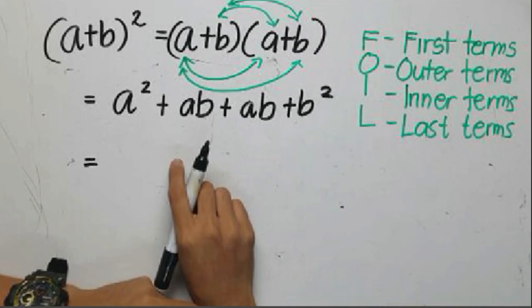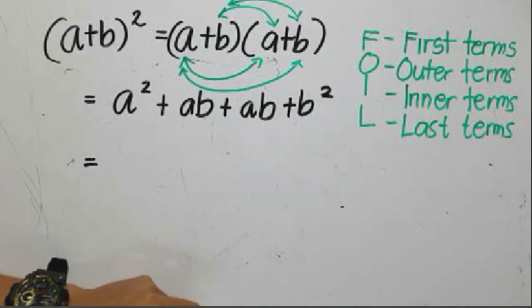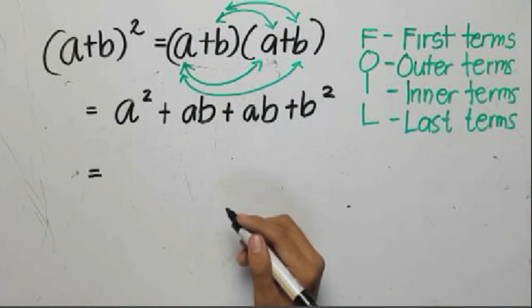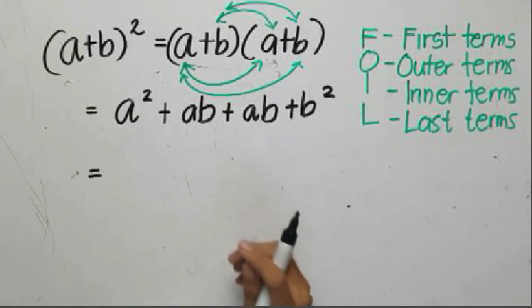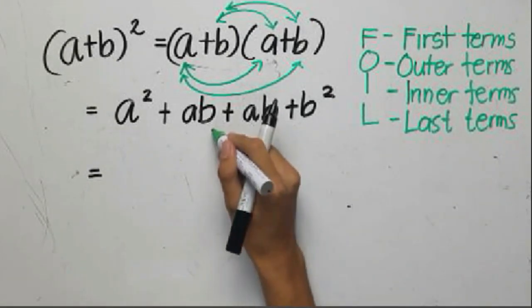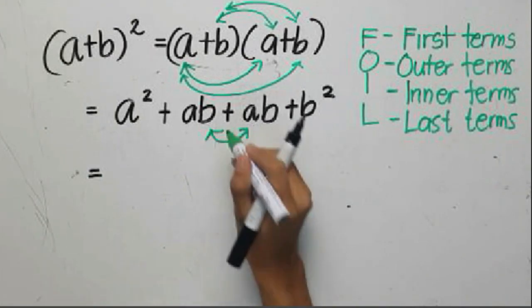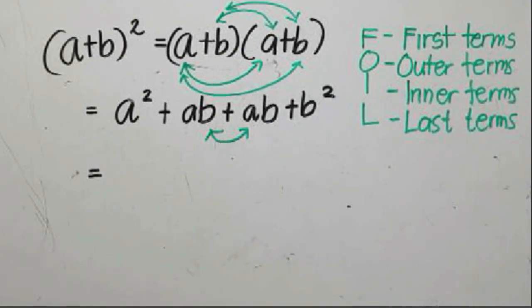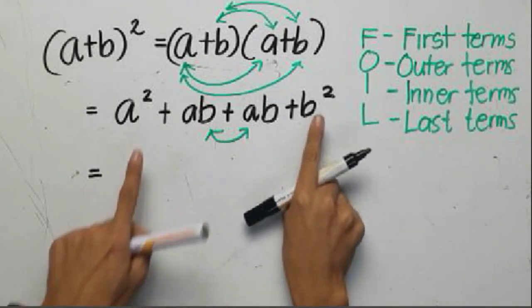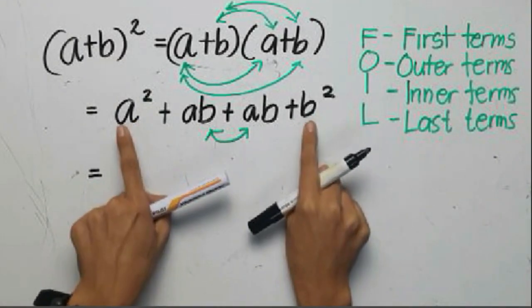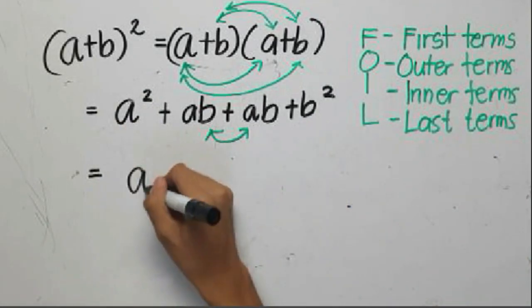So, using this one, applying the rule kanina, yung rule natin sa combining like terms. So, as we can see, meron tayong isang like term lang dito, which is the middle terms. Kasi a squared, hindi naman siya parehas kay b squared. Kasi same lang sila na exponent, pero hindi sila same ng variable. So, I'll just copy a squared here.